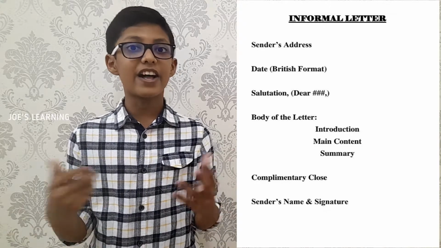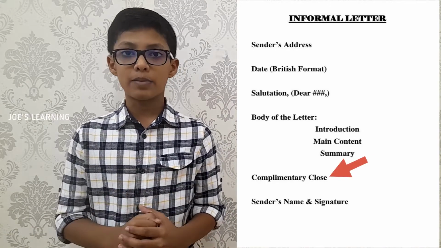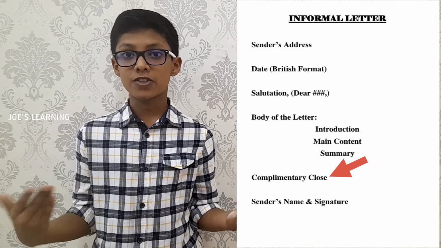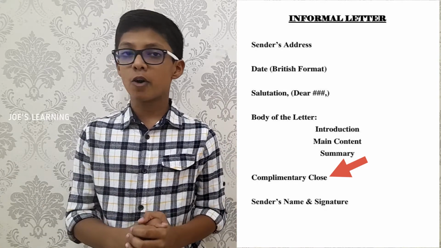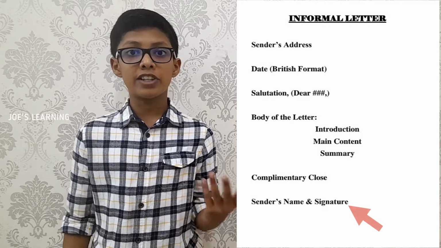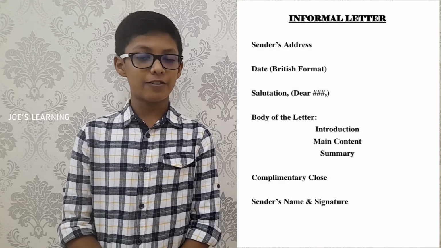Then, after leaving another line, comes the complimentary close. In the complimentary close, you have to put, for example, yours sincerely, yours lovingly, your friend, your son, and so on. And then, after leaving another line, you give your name and signature. And that was the layout of an informal letter.